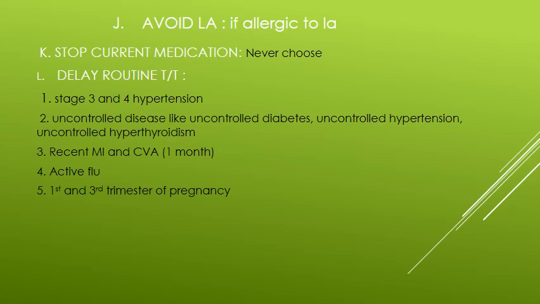So if a patient is allergic to one ester, you cannot use another LA from the ester class as well. But if a patient is allergic to an amide, it does not rule out the use of another amide. Let's say if a patient is allergic to lidocaine, you can use prilocaine, but all this we will discuss in an altogether different lecture.